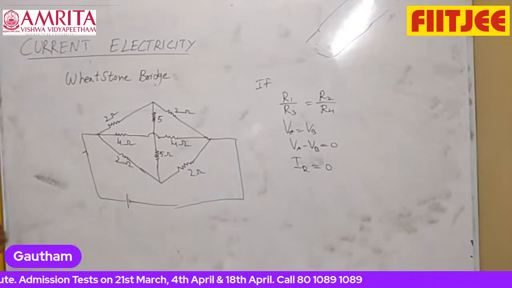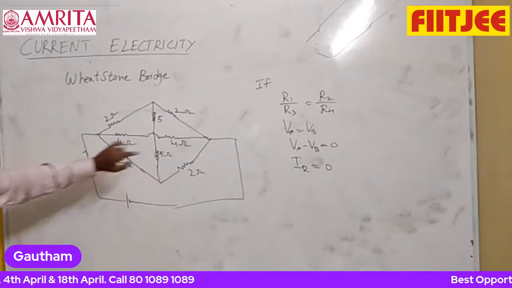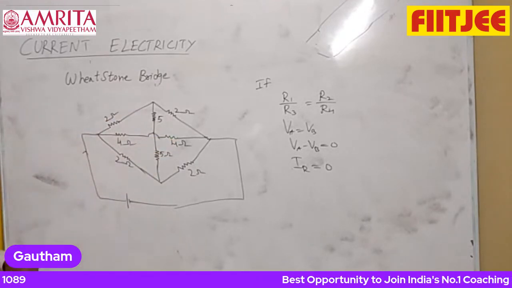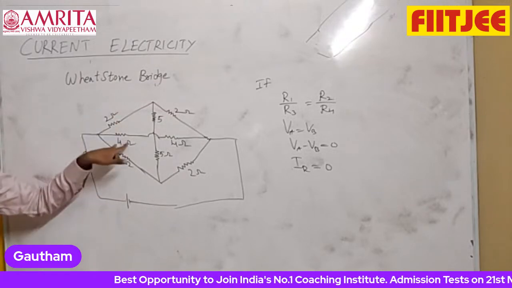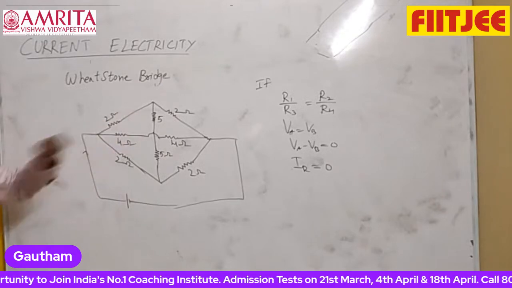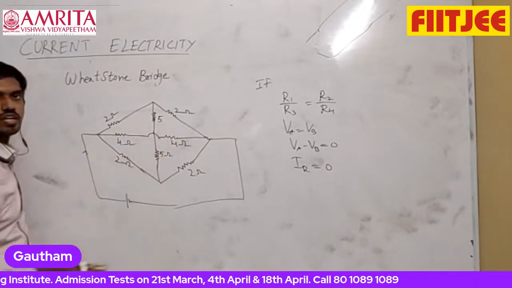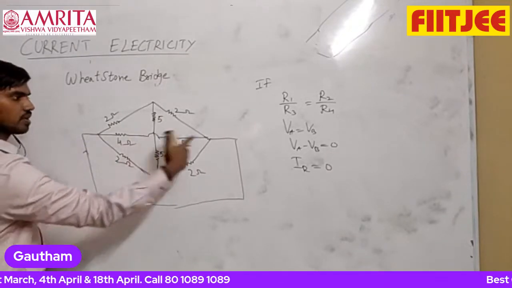In this question also, this 4 ohm and this 4 ohm have nothing to do with this circuit. Even if it was connected, the Wheatstone bridge principle would be applicable. R1 by R2, this by this are the same, so it can be removed. But here, since this wire is not connected, it starts from here and ends here.